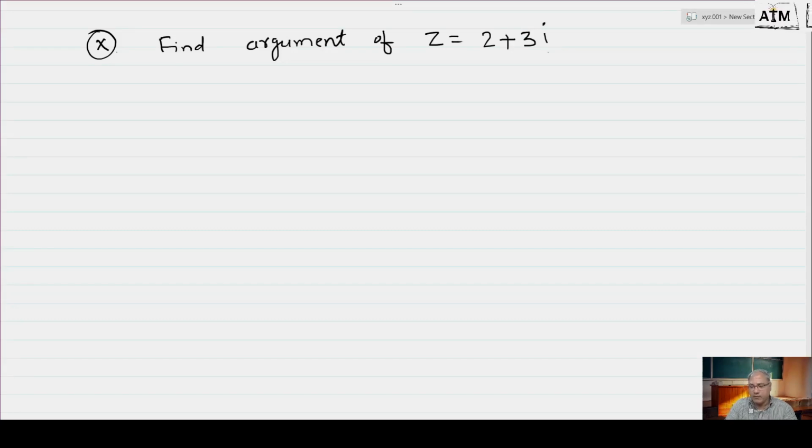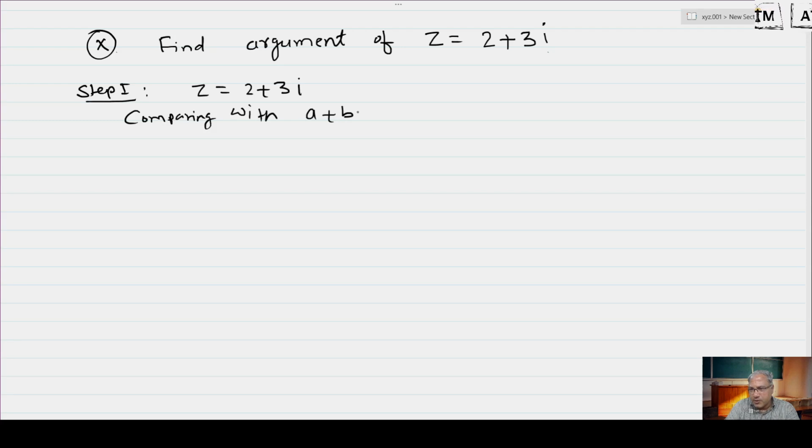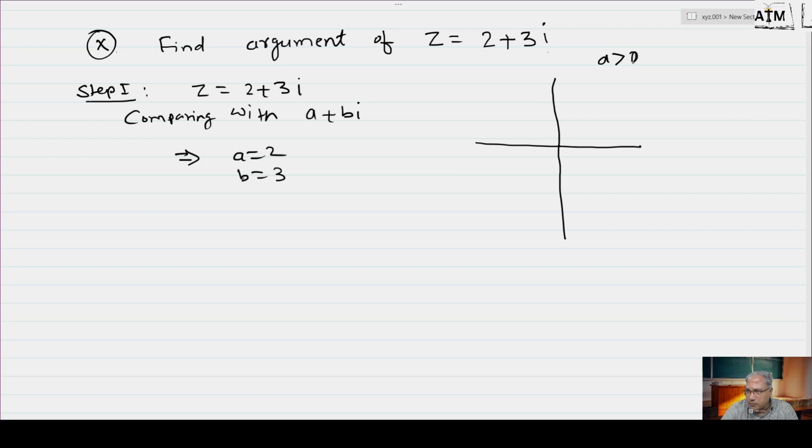Next example: find the argument of the complex number z equals 2 plus 3i. Step number 1, z equals 2 plus 3i, comparing with a plus bi implies a equals 2 and b equals 3. After that, draw the complex number in the Argand plane. a is greater than 0 and b is greater than 0.